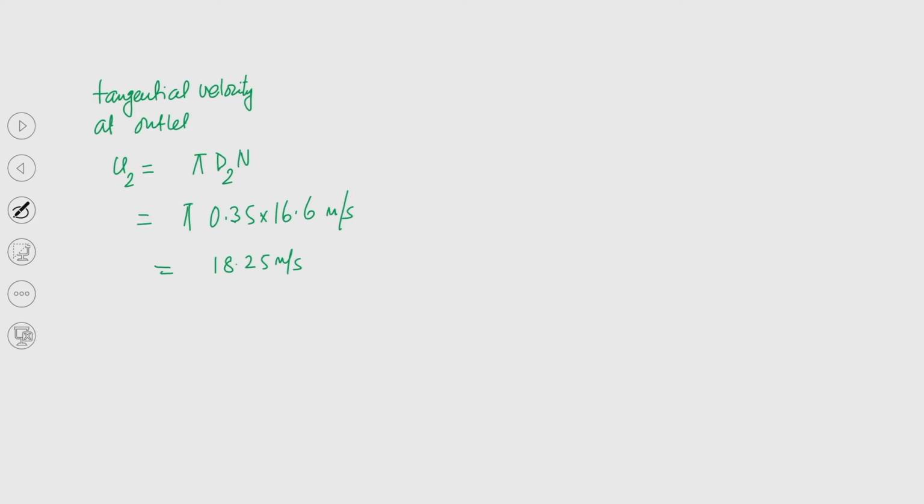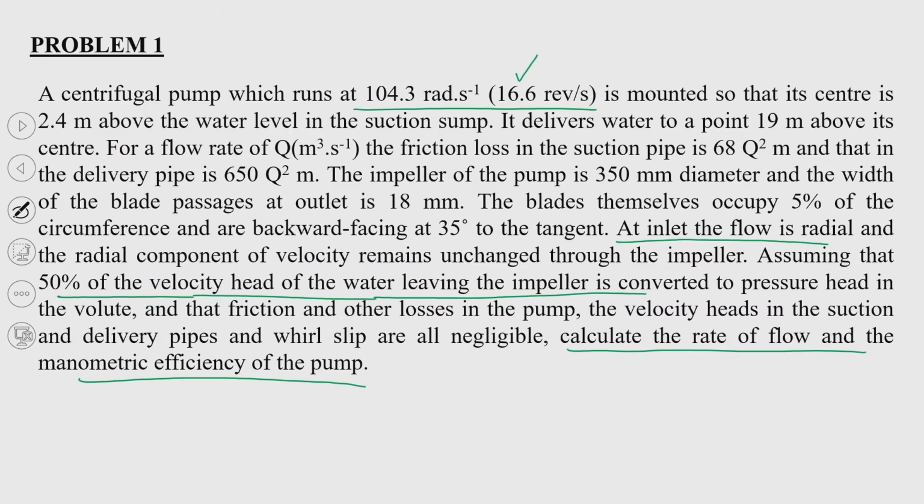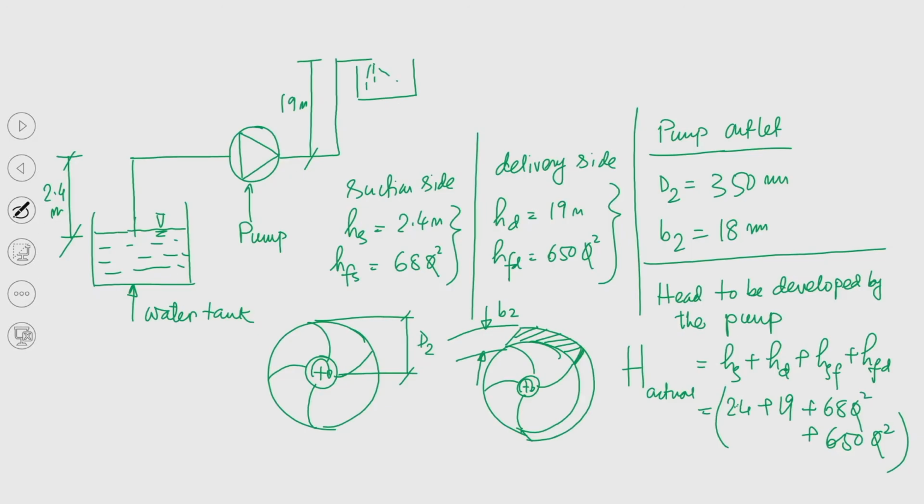Okay. Now, further see, it is also given that the flow velocity, the radial component of velocity, remains unchanged through the impeller, and that at the inlet flow is radial. So, there is no swirl. Our objective should be to draw the velocity triangles quickly.